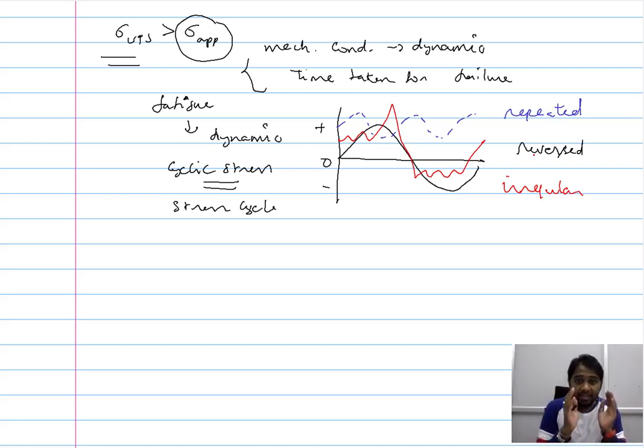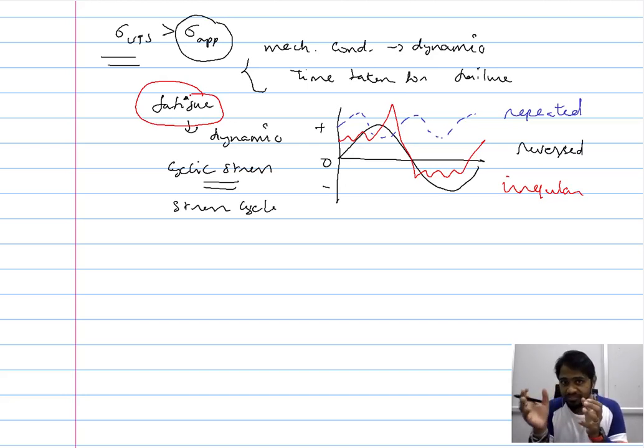So the dynamic stress condition characterizes the fatigue testing, which we are focusing on now. This dynamic stress condition is introduced in the form of stress cycles. These stress cycles can be of three categories. One is the repeated stress cycle, which can be largely tensile or largely compressive.